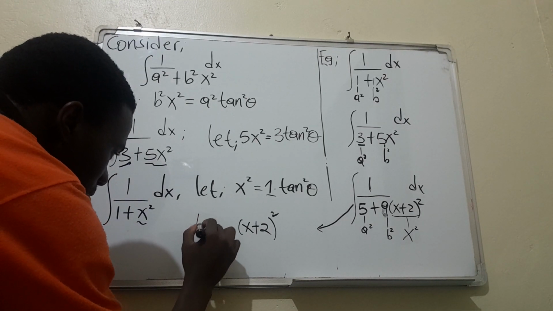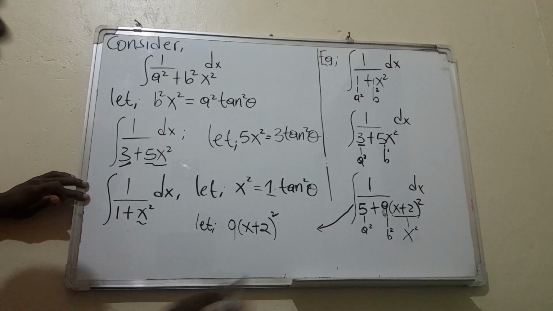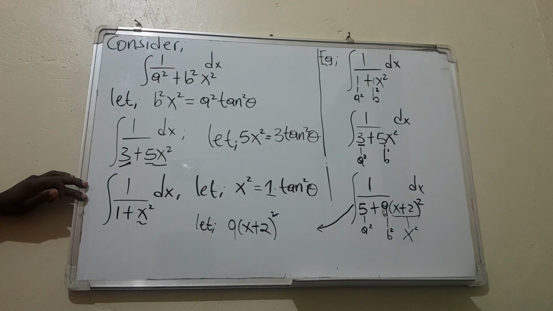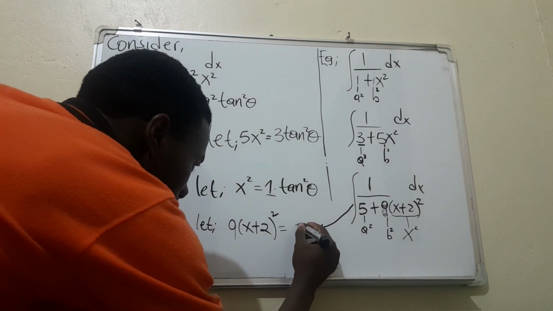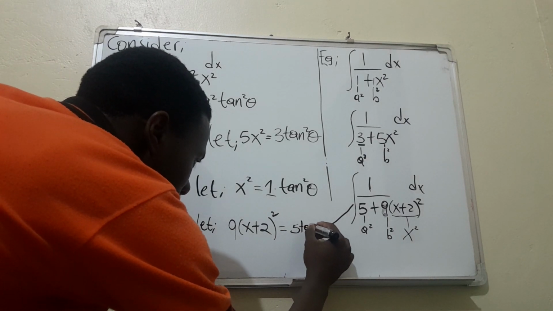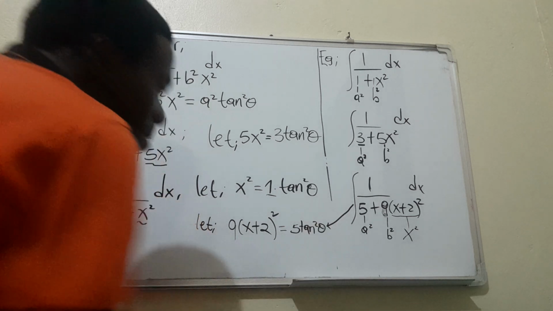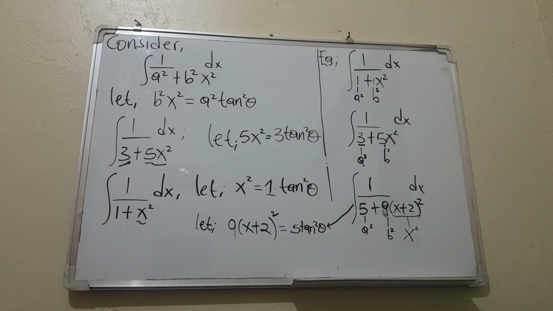You will have to let 9 multiplied with x plus 2, the whole bracket squared, be equal to 5 multiplied with tan squared theta. Basically, that is how we use that substitution.